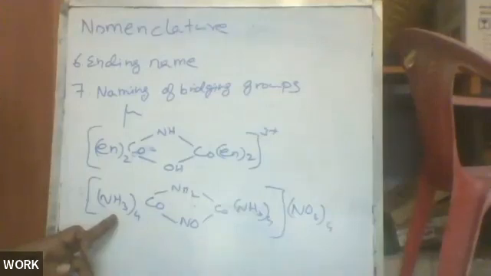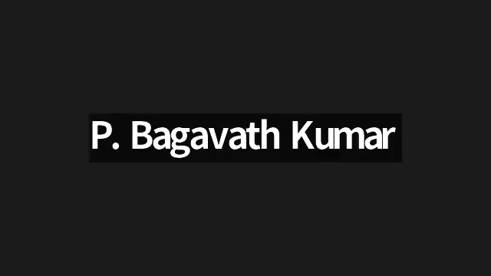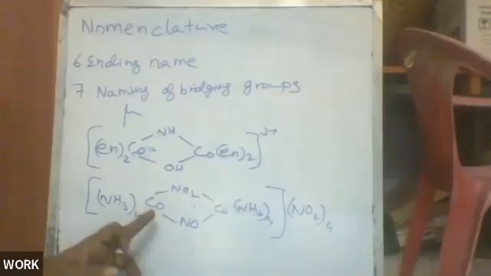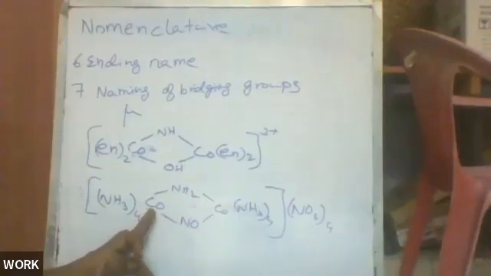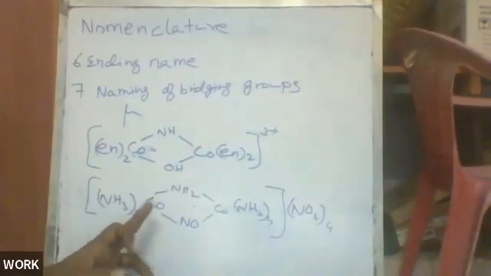Arshida. What is the name of the ligand? Tetraammine. Very good. Cobalt(III). Okay, then what is this?